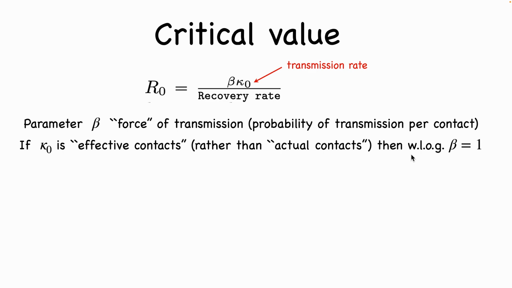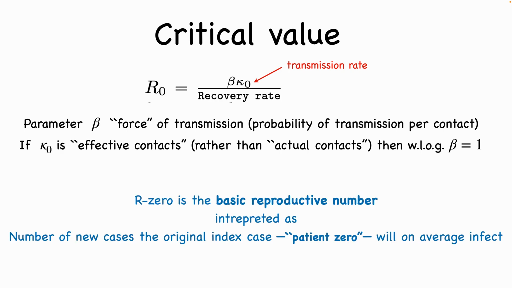Then, without loss of generality in our model, we can just select beta equal to 1 if we interpret kappa 0 in this way. R0 is called the basic reproductive number, and it is interpreted as the number of new cases the original or index case, also known as patient 0, will on average infect at the start of the epidemic.